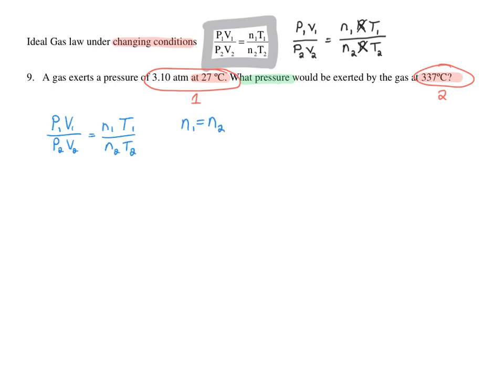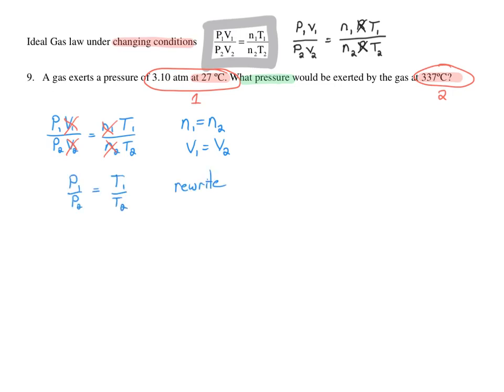For example, nothing is said in the problem about numbers of moles. Therefore, we know the number of moles is not changing. N1 is equal to N2, and that allows us to cancel this out. Additionally, V1 must equal V2 because there's nothing said about volume changing. So these two variables cancel each other out.